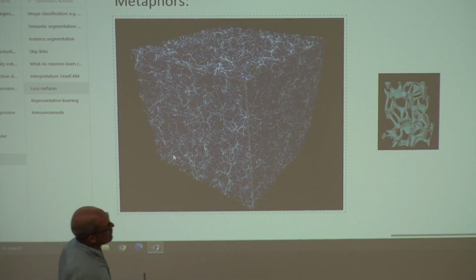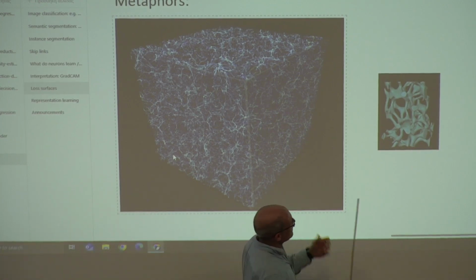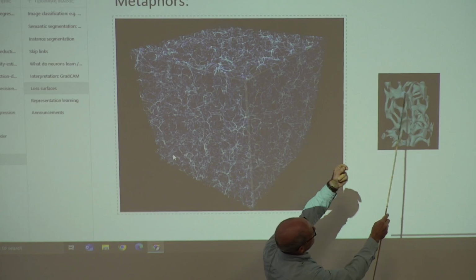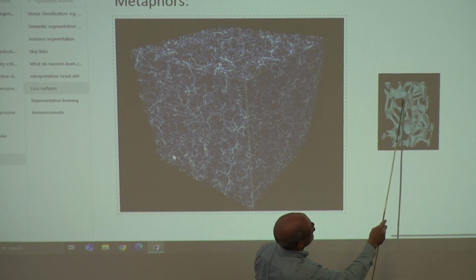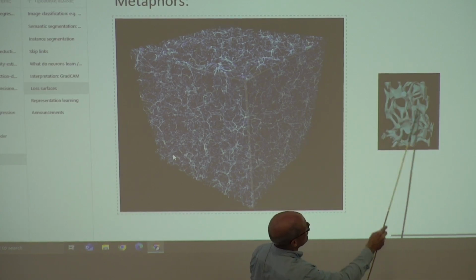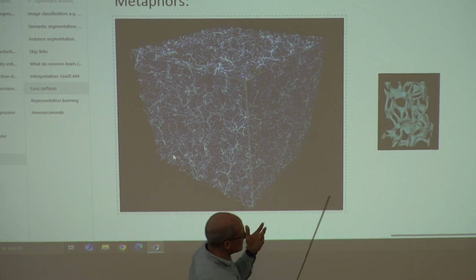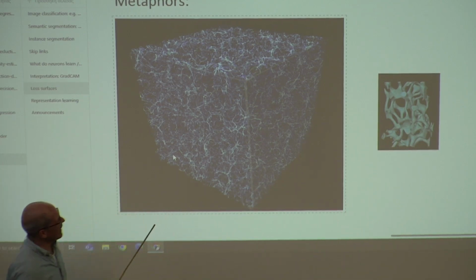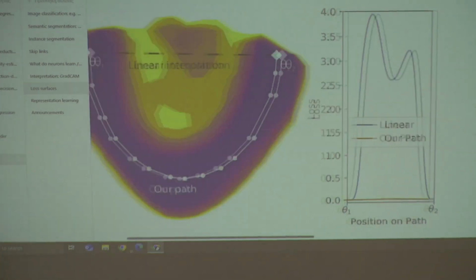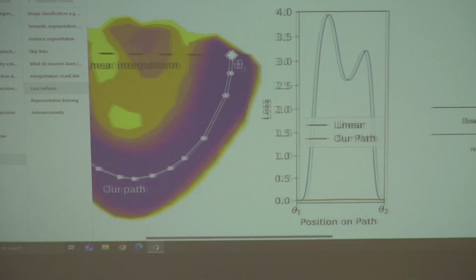But what I mainly want to show is that the minima are not distinct entities here, but somehow connected entities. These are low-dimensional attempts at explaining how I think about it.